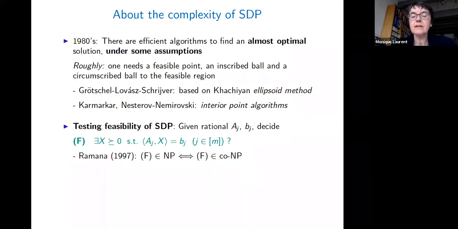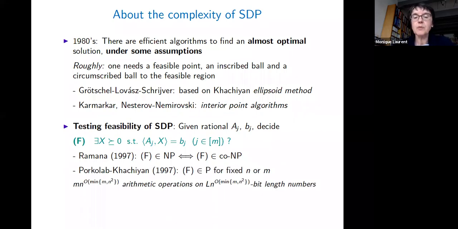What is known is that the problem belongs to NP if and only if it belongs to co-NP. What is also known is that the problem belongs to P, so it's polynomial time solvable, when fixing either n, the matrix size, or m, the number of constraints.